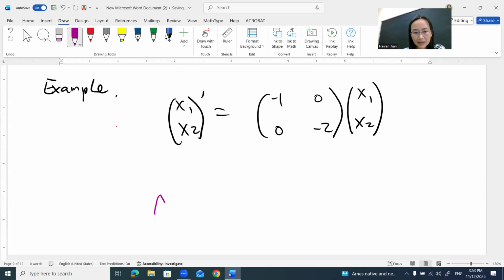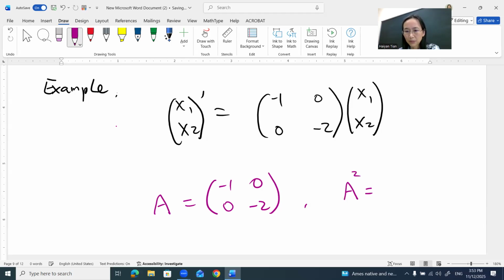The A is simply a diagonal matrix. And A's power, for example, the second power, will be just the diagonal entries to the second power. And you can easily find the K's power.